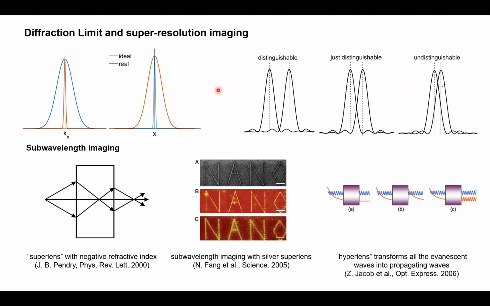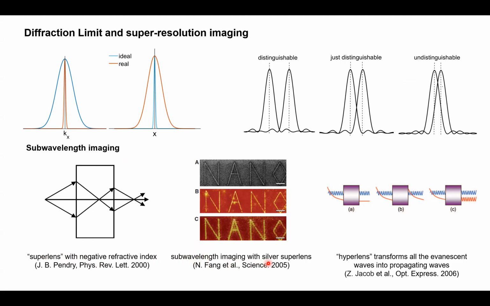The early proposal and realization of the super lens was to use material with a negative refractive index to recover and enhance the evanescent waves in the near field. This is the current conception of subwavelength imaging, and we can use the super lens to overcome the diffraction limit.